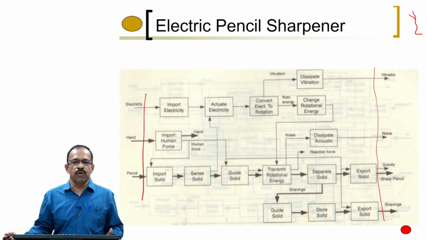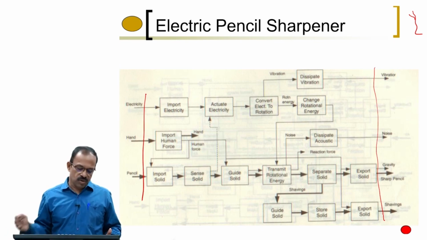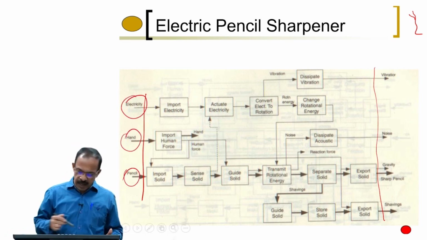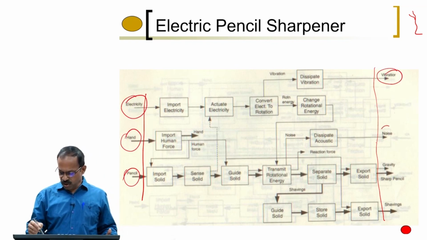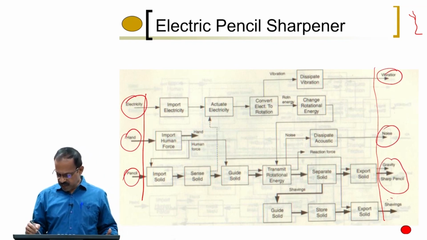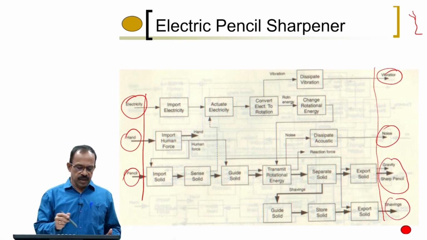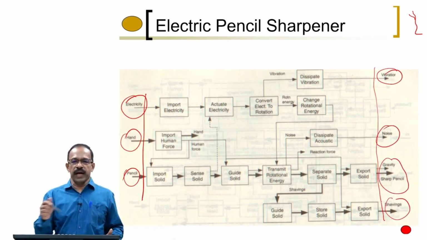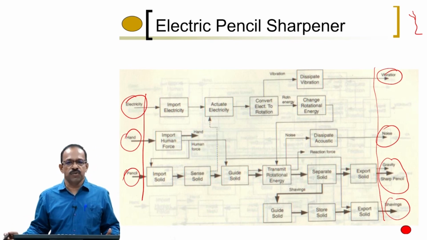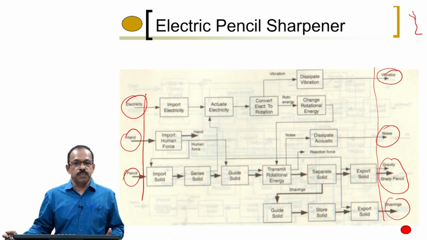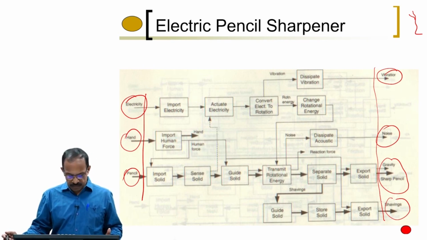We saw this example of the electric pencil sharpener in the last class. These are the input flows, electricity, hand and pencil, and the outputs are the vibration, noise, gravity, sharp pencil and shavings. Whatever is happening in between the input and output are the functions of the product, and we need to understand these functions in order to make the product function as per the requirements of the customer.